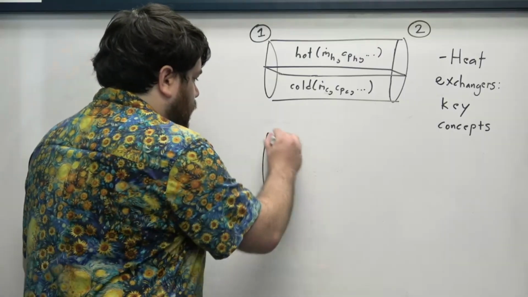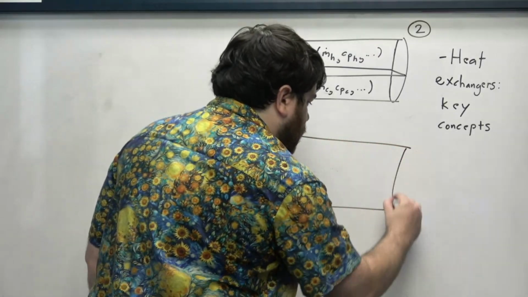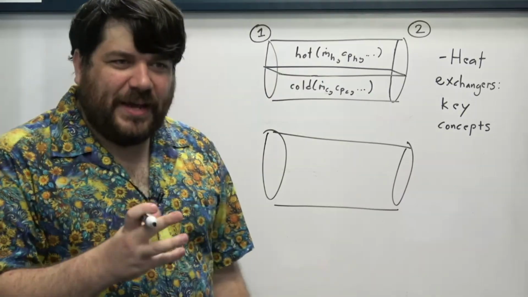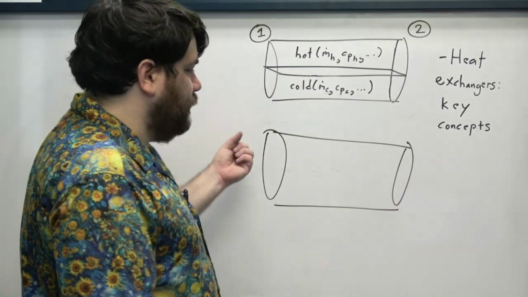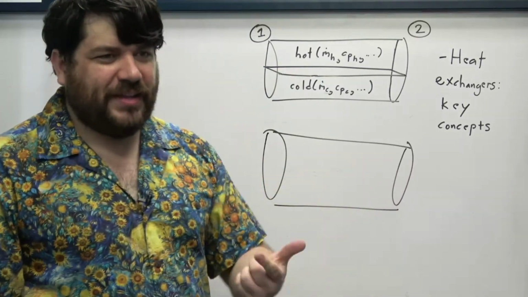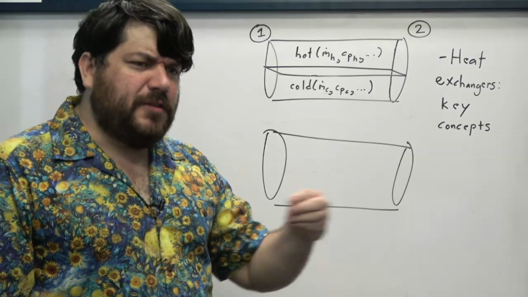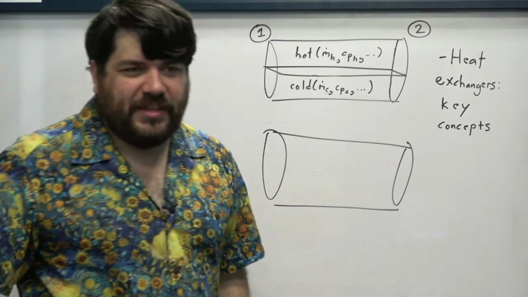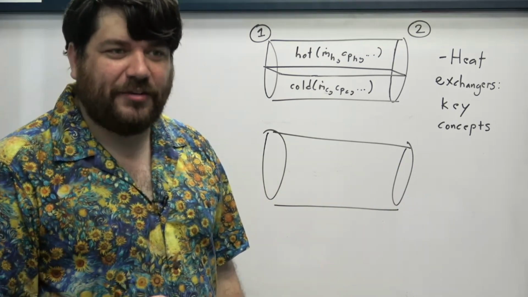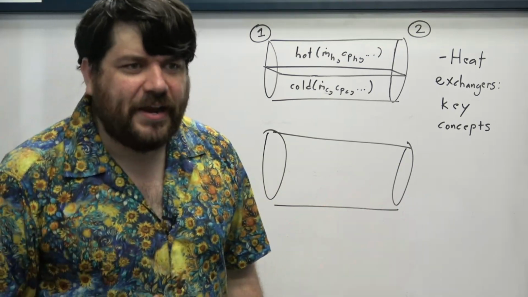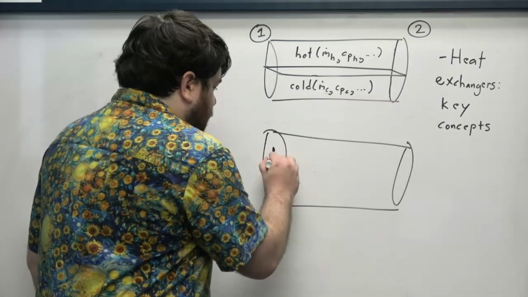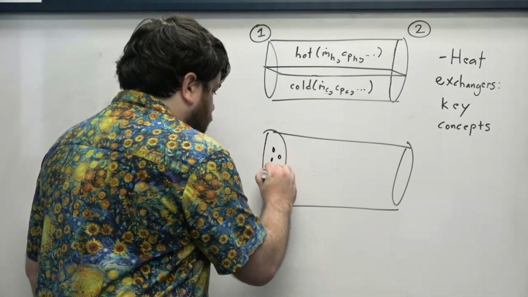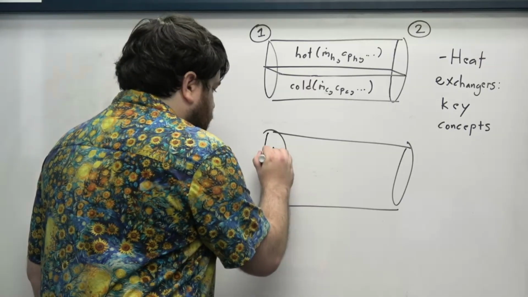In a shell and tube heat exchanger, the whole idea is that we maximize the surface area by taking one of the liquids, usually the one that has the largest density, and flowing it through a series of very small tubes inside of a larger tube that carries the liquid with the lighter density, like water and air. And so you would imagine that maybe you have a bunch of little tubes.